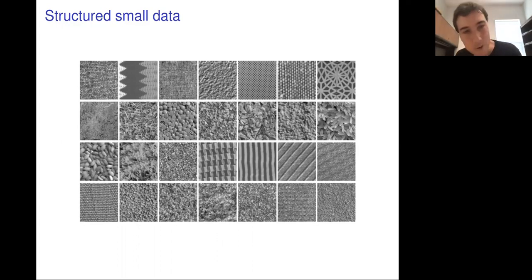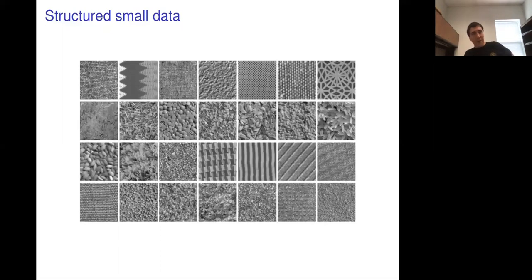Here you see there's 28 images of different textures. And the data set under consideration here has, I think, 150 or 160 examples of each texture. And one problem that you can imagine is trying to take this set of images and classify them into the correct textures for each image.